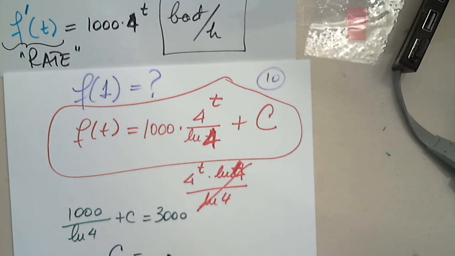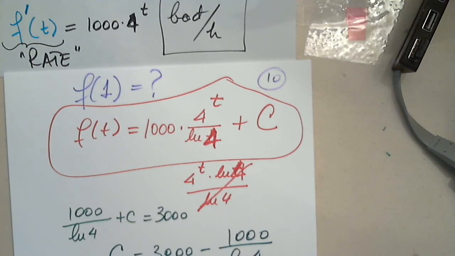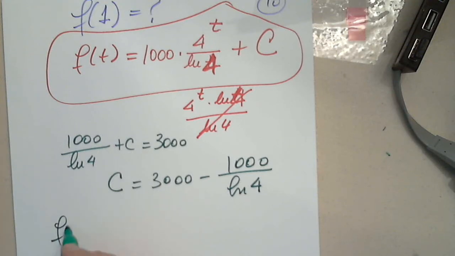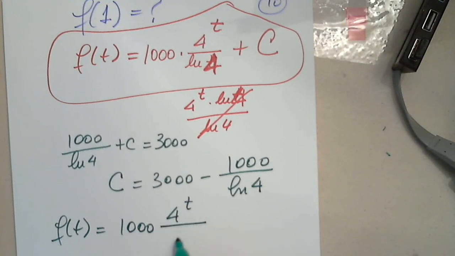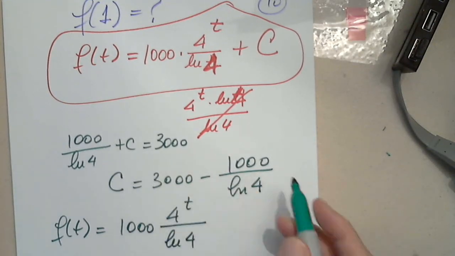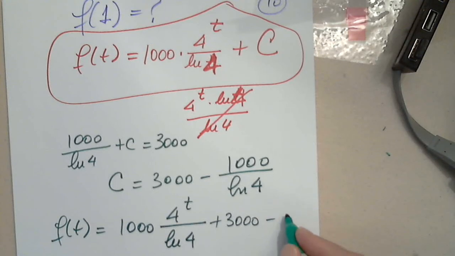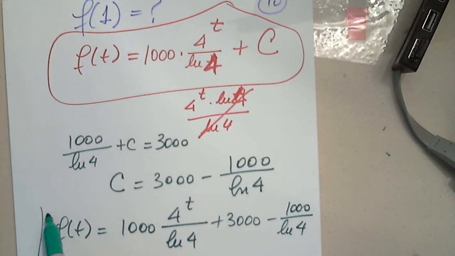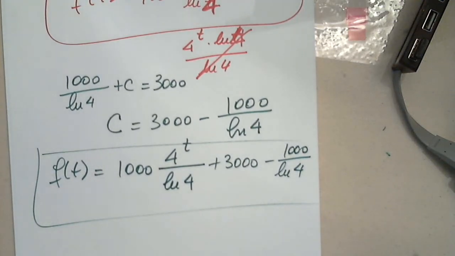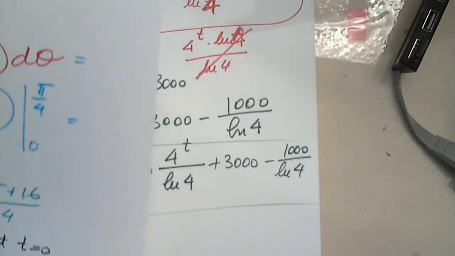So then c equals 3,000 minus 1,000 over natural log 4. I have to plug it into the function. So f of t equals 1,000 times 4 raised to t over natural log 4, plus 3,000 minus 1,000 over natural log 4. So I got the exact function, the only function that fulfills the given conditions. Now I'm ready to answer their question.